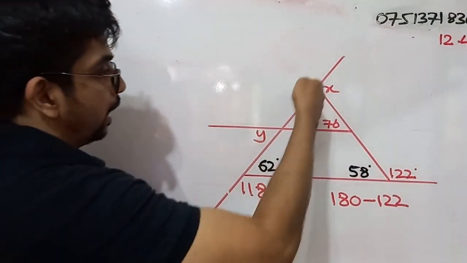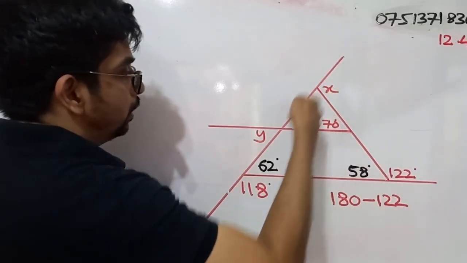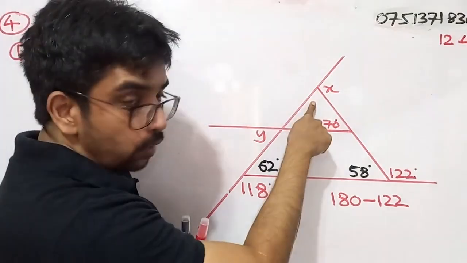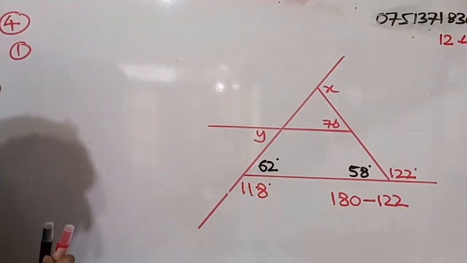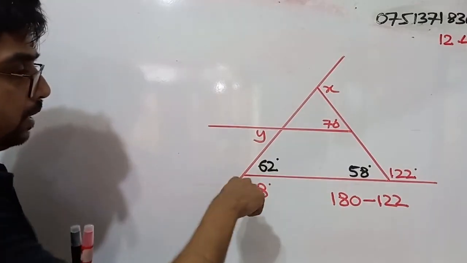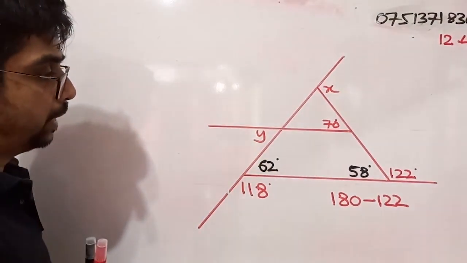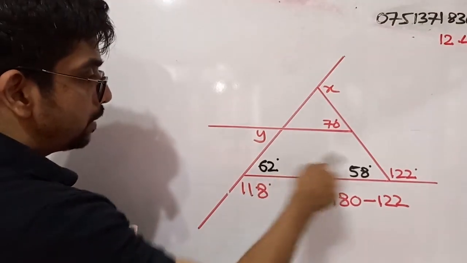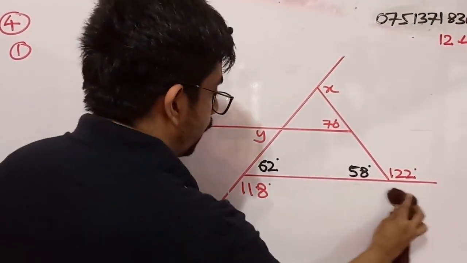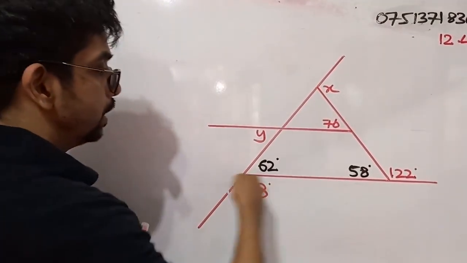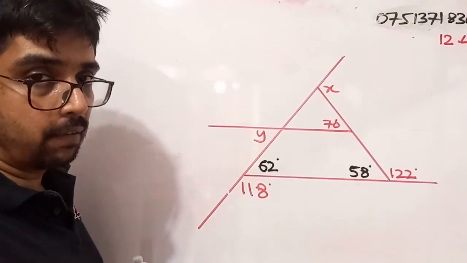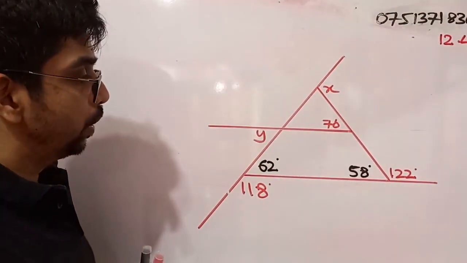That means this angle is 58 degrees. Okay. And if we think about this triangle, we can calculate the magnitude of this angle. 62 plus 58, what is that? 60 plus 50 is 110. 110 plus 10 is 120. This is a triangle, so the sum of internal angles of a triangle is 180.